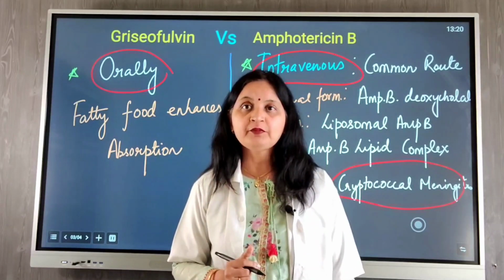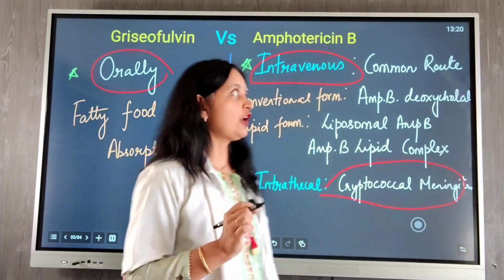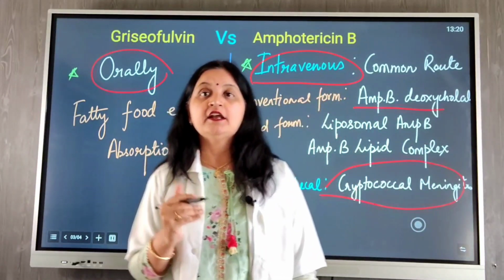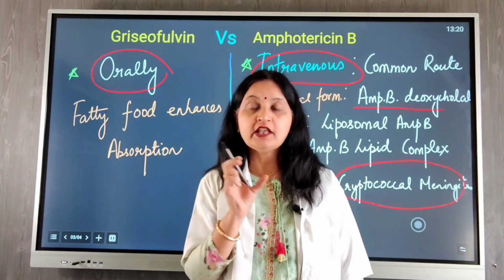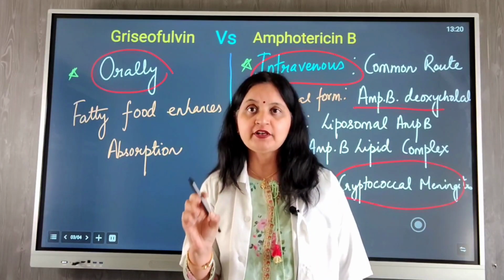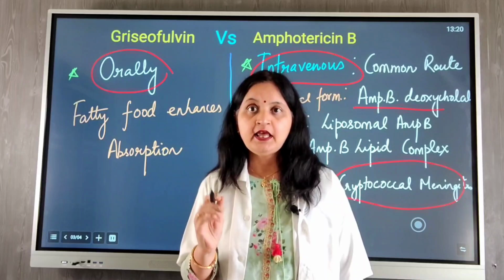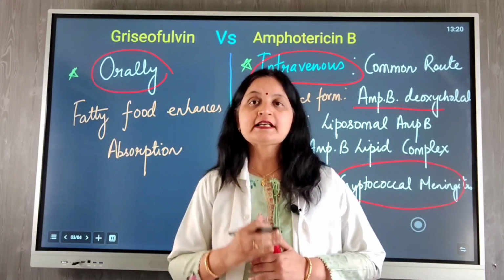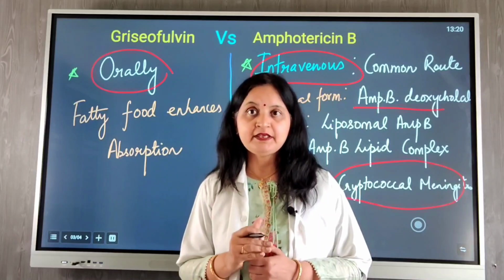With respect to its formulation, the most conventional formulation is Amphotericin B deoxycholate. There are various lipid formulations or liposomal formulations of Amphotericin B that are available, and the reason is because Amphotericin B is toxic. So we'll be discussing the toxicities of Amphotericin B in a while.